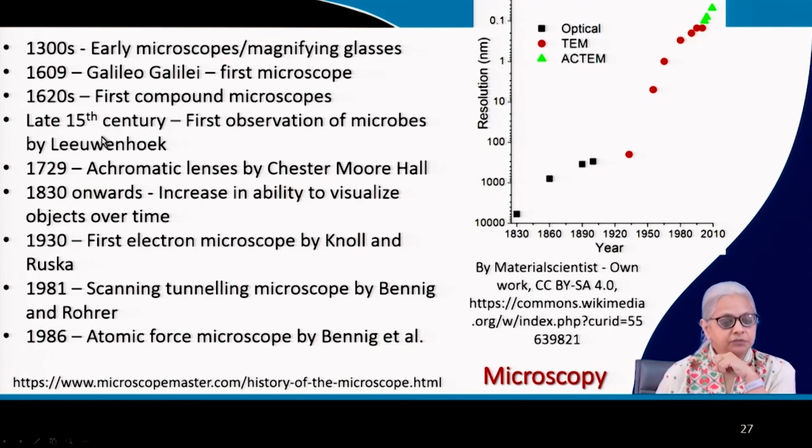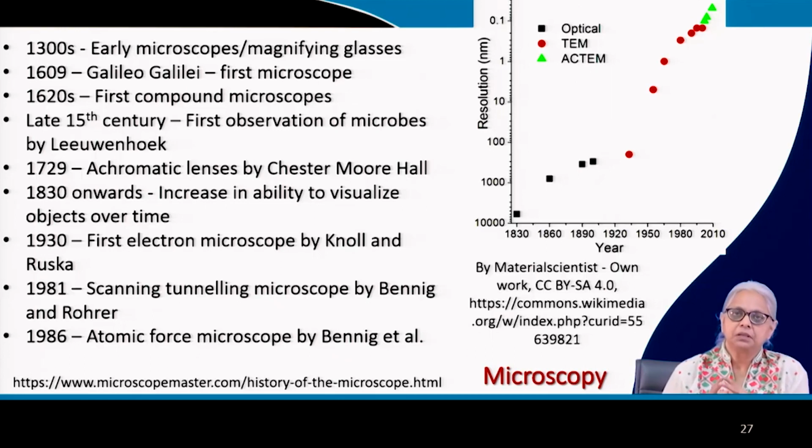Okay, so in the late 15th century, the first observation of microbes was made by van Leeuwenhoek, and then in 1729 achromatic lenses were invented by Chester, Moore and Hall. Then from 1830 onwards, there's been a huge increase in the use of compound light microscopes and our ability to visualize objects using these microscopes.